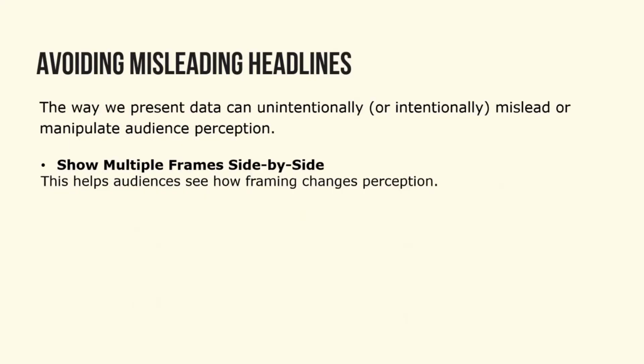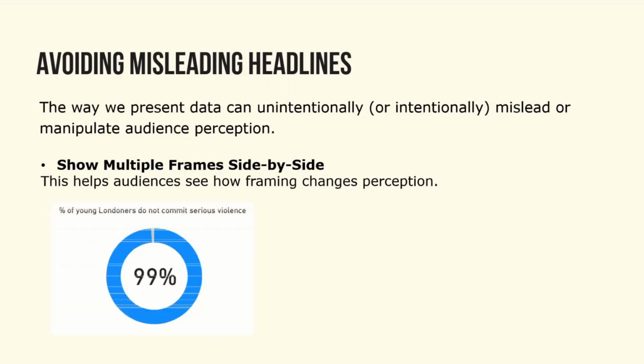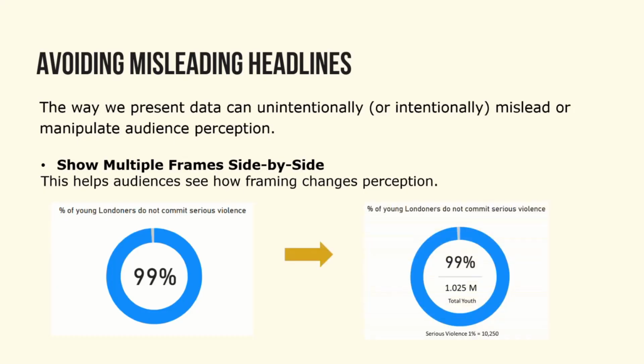And then as well, show multiple frames side by side. This will help your audience to see how framing changes perception. If we go back to our example of violent youth in London, this was the original chart that I showed you. That's not exactly what was used in the Underground, but how could we give more information about it?